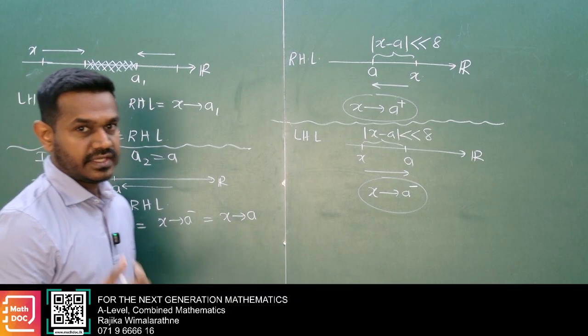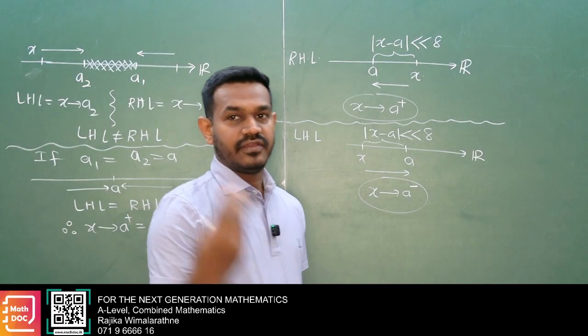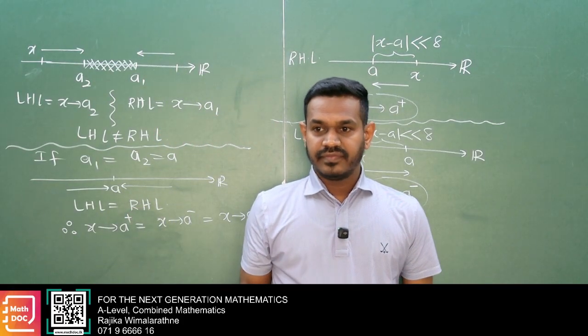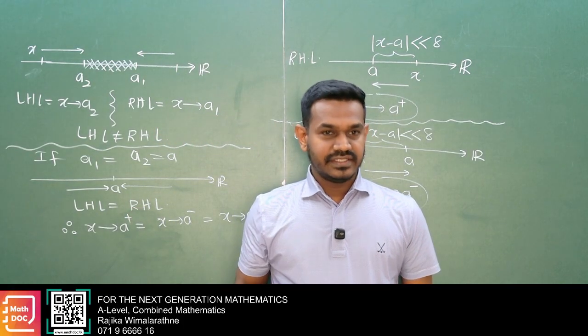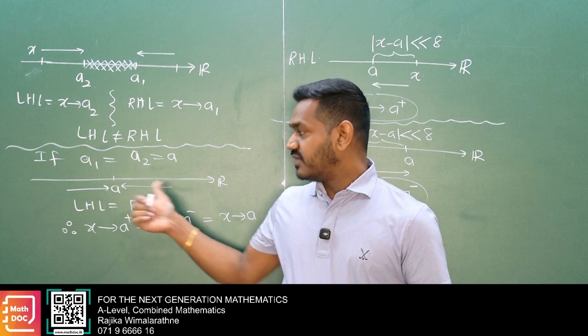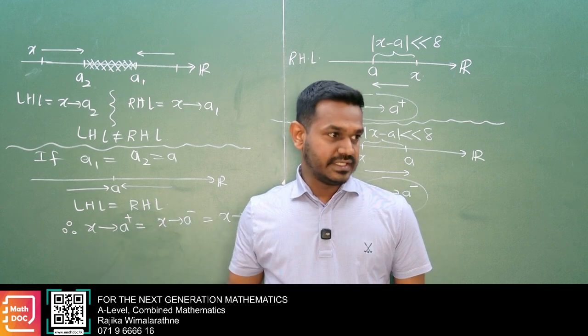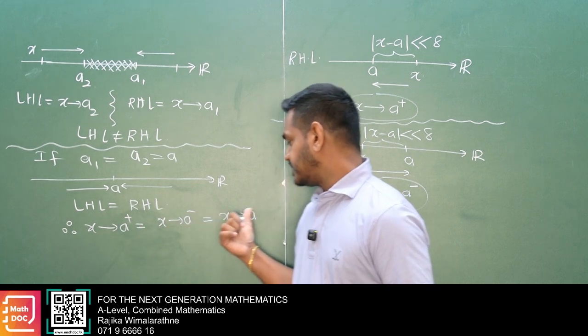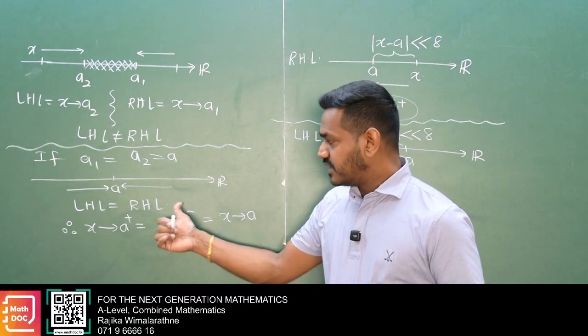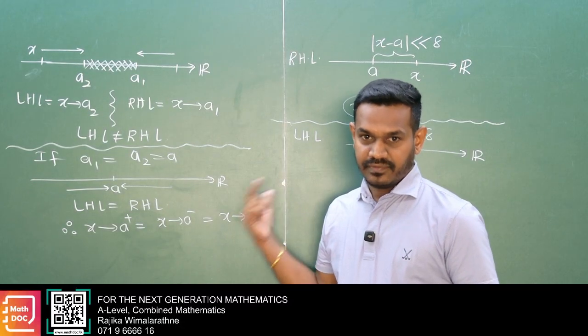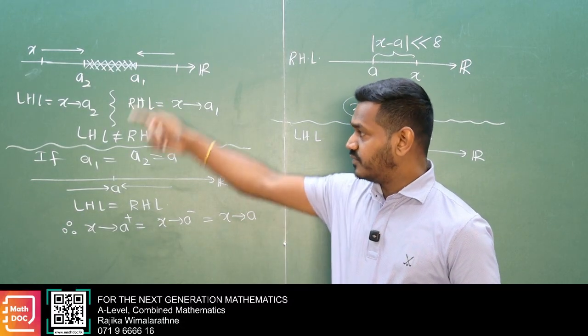But identify there are two limits, left hand limit and right hand limit. But usually in A levels, we get both left hand and right hand limits equal. Then we don't put signs here. But there are left hand and right hand limits. There can be one side limit. Okay, put this note.